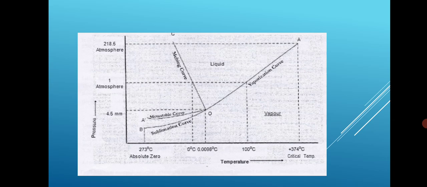Then areas. This phase diagram of the water system consists of areas AOC, BOC and AOB, which represent water, ice and vapor respectively. That is, the area AOC represents water, BOC represents ice, and AOB represents vapor.